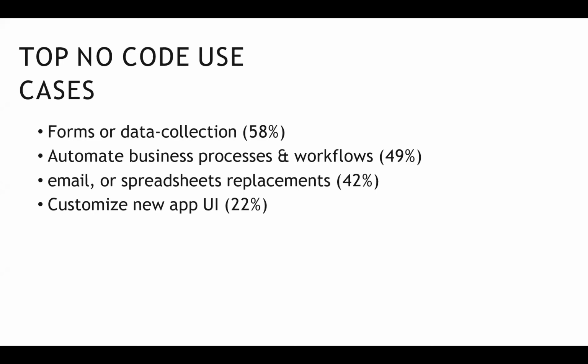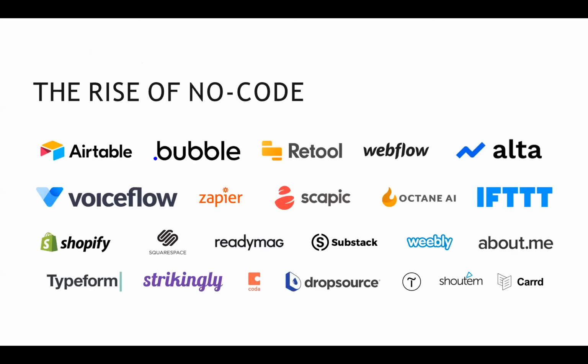For example, if you are doing forms or data collection, you don't need coding for that, so you can go for no-code solutions. There are a few companies offering no-code solutions, and a few big names in it are Shopify, Bubble, and Zapier.